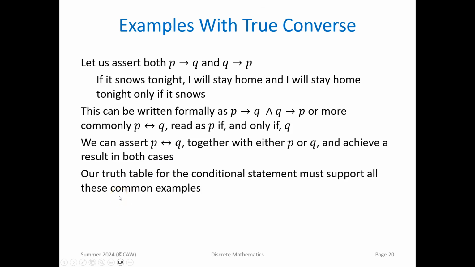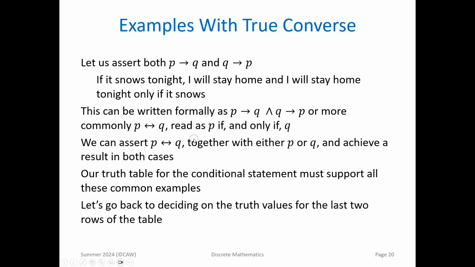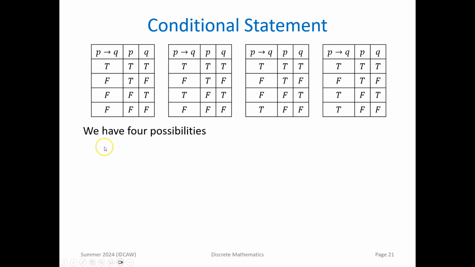Why am I going through all these? Because I want to convince you that the truth table for the conditional statement must support all these common examples. The way that we assign the true-false values to those last two rows must be compatible with these kinds of interpretations. So let's go back to deciding on the truth values for the last two rows of the table. We have four possibilities.